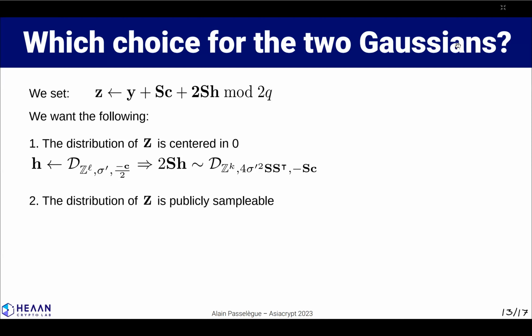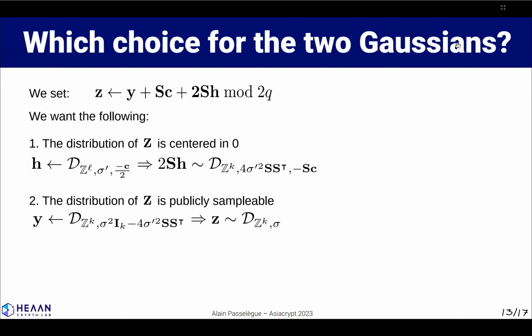So how do we do that? As I said at the beginning, I told you let's think about y as being a Gaussian vector, but actually there is flexibility in the way y is defined. So why don't we just pick y Gaussian so that the covariance matrix is the following, and then the minus 4 times sigma prime squared times s s transpose will cancel out the other covariance term that appears.